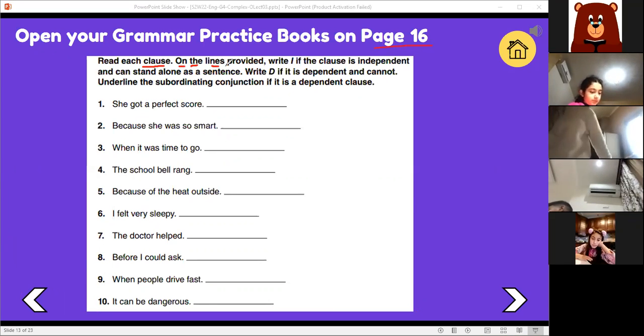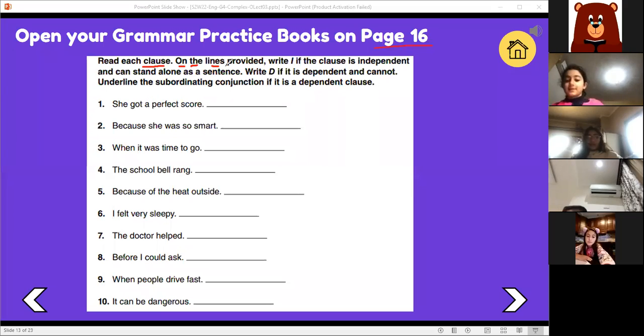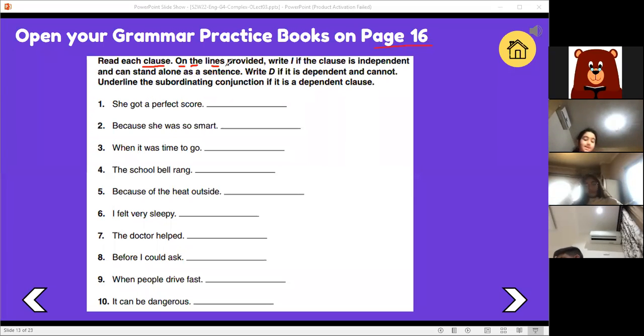Write I if the clause is independent and can stand alone as a sentence. Write D if it is dependent and cannot stand alone. Underline the subordinating construction if it is a dependent clause.